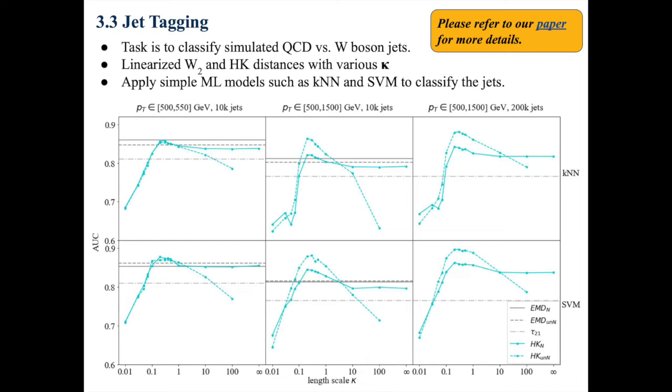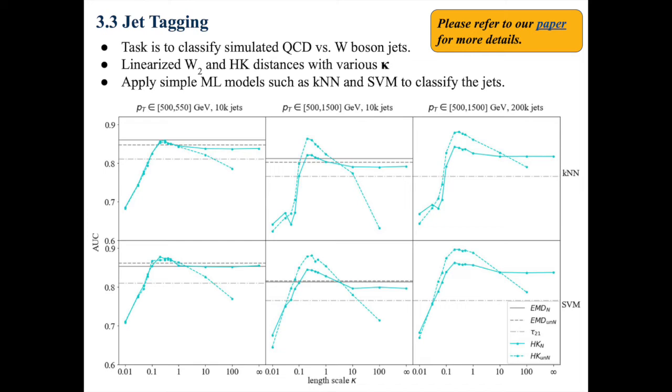The transverse momentum of the jets is either between 500 to 550 GeV, or within a wider range, 500 to 1500 GeV. We pre-process the jets to make sure they are centered and aligned so that the OT distance calculated will not depend on any artificial differences in the data, such as rotation or translation.